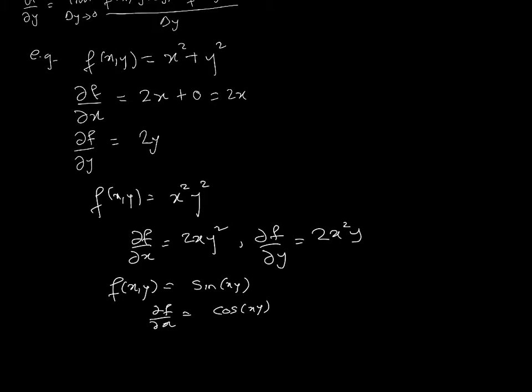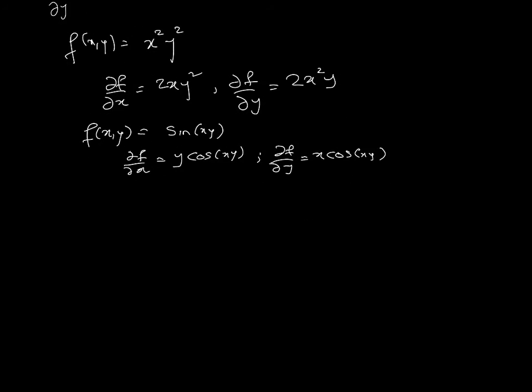And when we go inside and differentiate the xy with respect to x, that will generate this y over here. In a similar way, if we calculate the y derivative, it will still be cosine of xy, and only outside we'll have an x this time when we differentiate the inside, which is xy. That's the chain rule. So you can see the rules of differentiation remain the same. It's just that how we use those rules is now quite different.